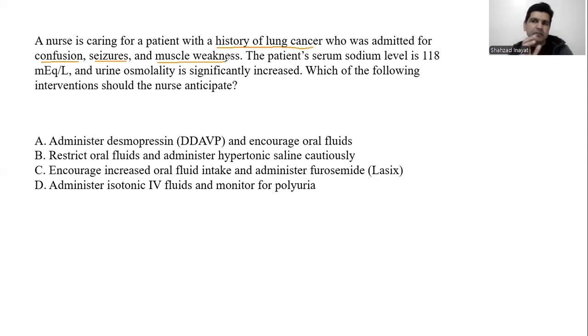These are the symptoms of a disorder that we need to identify. Based on these symptoms, we need to find out what the disorder is. The patient's serum sodium level is, again, a keyword here. The patient's serum sodium levels are significantly on the lower side, along with the urine osmolality, which is significantly increased.